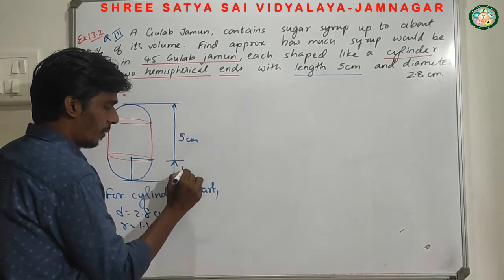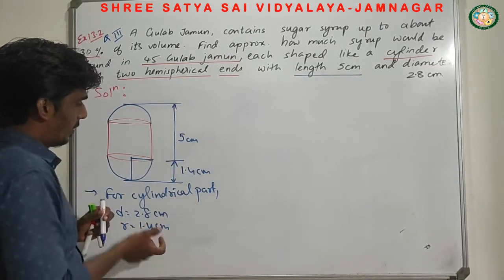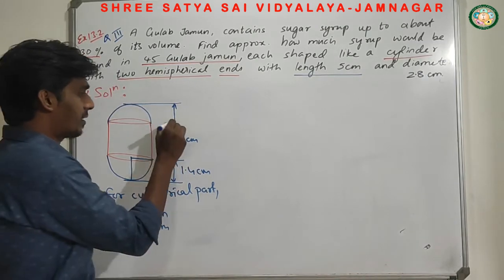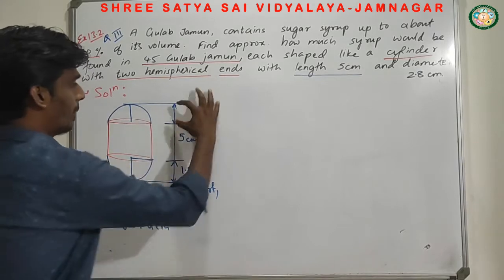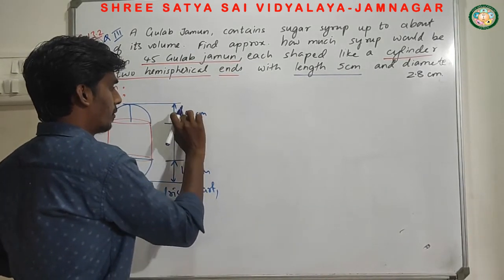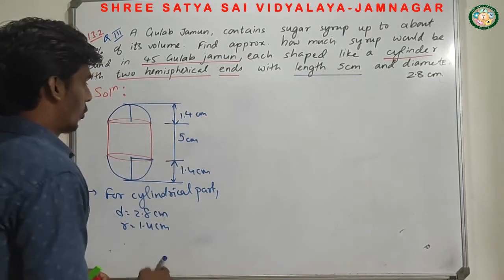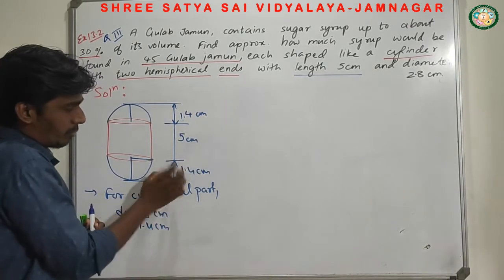So this radius is how much? 1.4 centimeter. Definitely it's the same here because of this hemisphere, the length here will also be 1.4 centimeter. So here we got hemisphere radius 1.4.